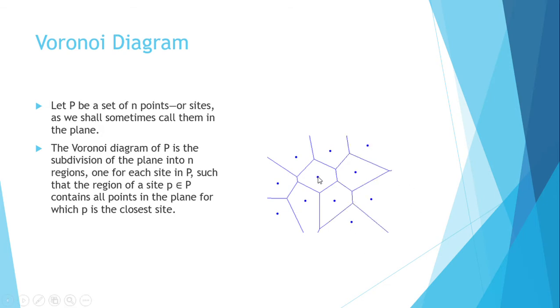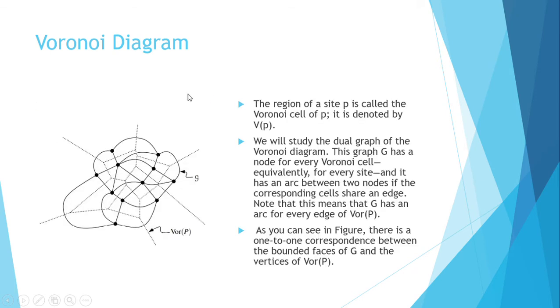As this is a site P, the region which it contains is this polygon. Every point in this polygon is nearest to this point. So that is what a Voronoi diagram is. This is a formal definition and the notation for a Voronoi diagram.